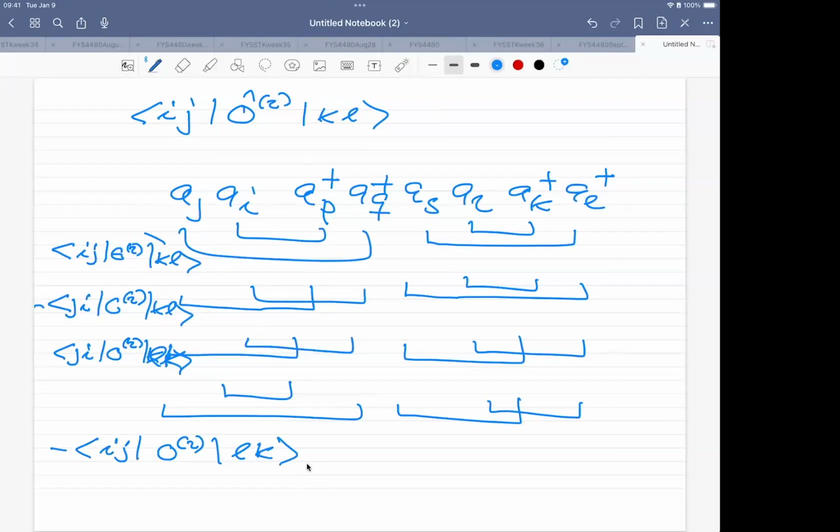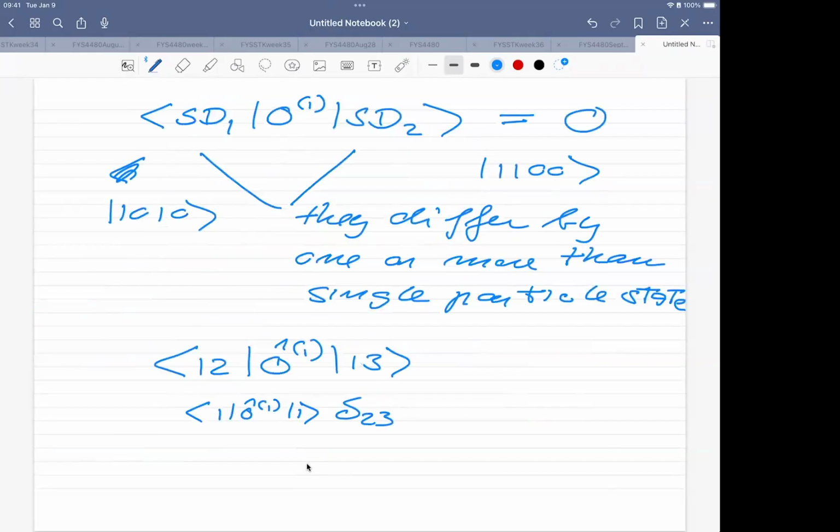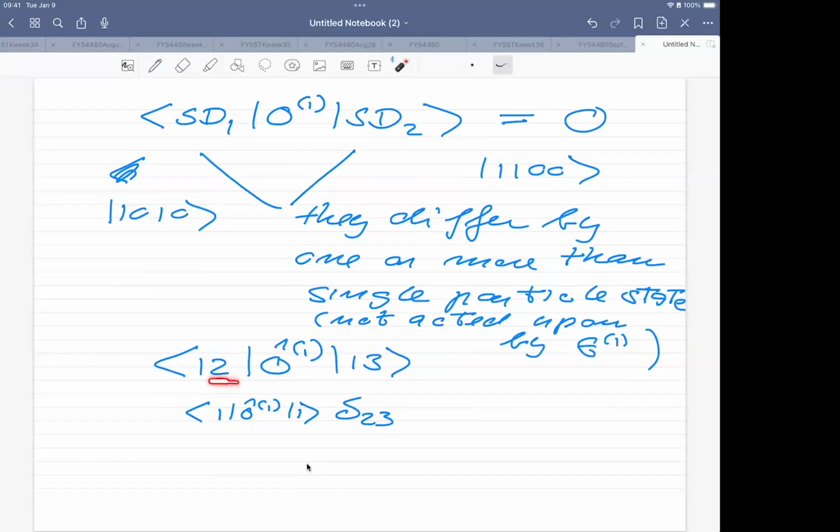Now let's get a little bit more ambitious and try to see if we can say something about, in this particular case, for the one-body operator, we saw that if the states, but I should add, are not acted upon by the operator, then clearly this is where 2 and 3 is one specific contribution where we have a Kronecker delta of 2 and 3.